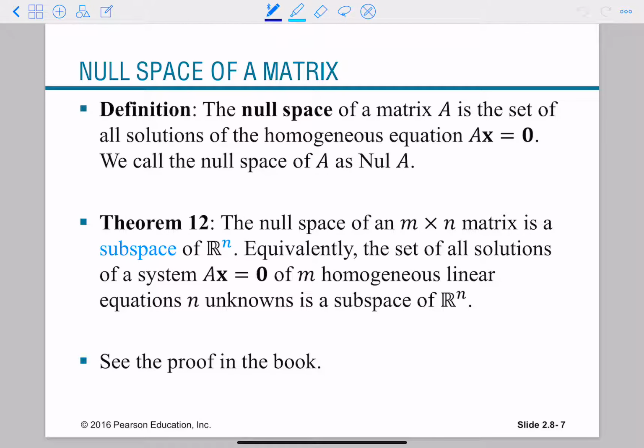Now there is another subspace related to a given matrix, which is called the null space. Okay, null space. This is a little bit trickier than the column space. The null space is the set of all vectors that satisfy this homogeneous linear system.